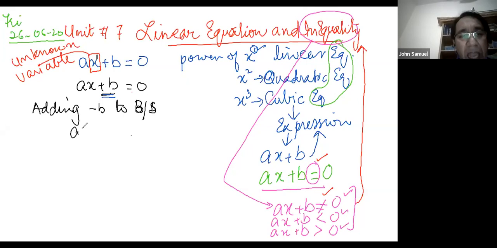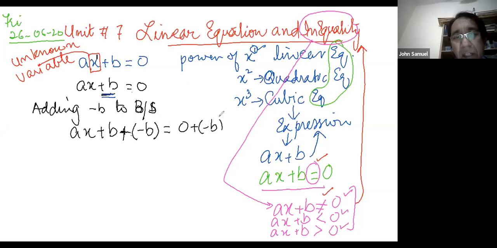So we'll add to ax plus b, using the plus symbol, and then add minus b to both sides. Similarly, 0 and add minus b here. Now we'll expand it from this sign.